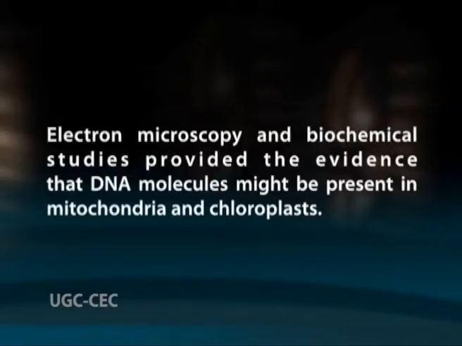Electron microscopy and biochemical studies provided the evidence that DNA molecules might be present in mitochondria and chloroplasts. Eventually, in the early 1960s, this evidence was brought together and the existence of mitochondrial and chloroplast genomes independent of and distinct from the nuclear genome was accepted.